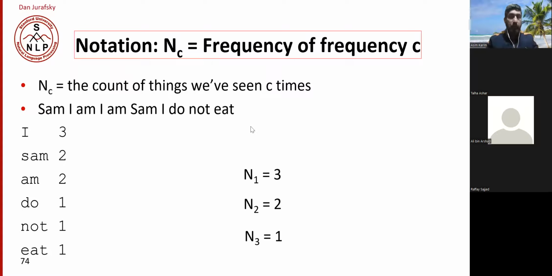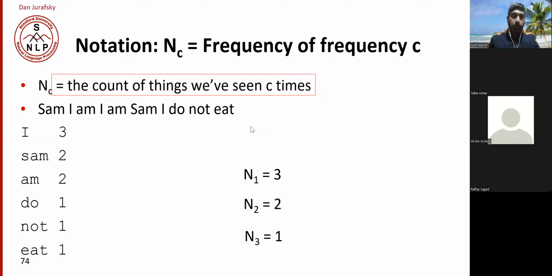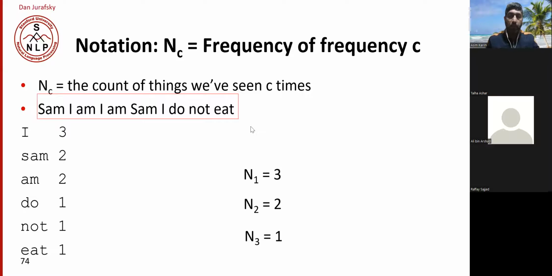So let's look at this small data set: I am Sam, Sam I am, and I do not eat. Let's say we have this small data set. How many times does, for example, I occur? 3 times.